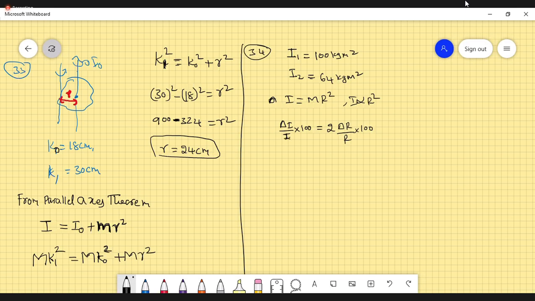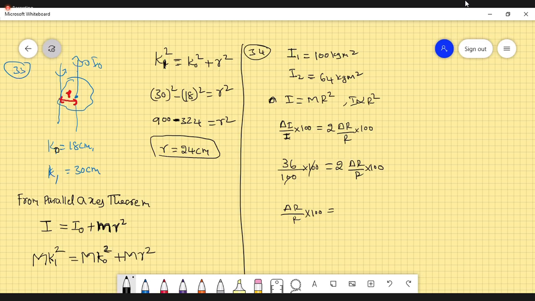So from this, delta I is 36 divided by 100 into 100, which equals 2 into delta r by r into 100.